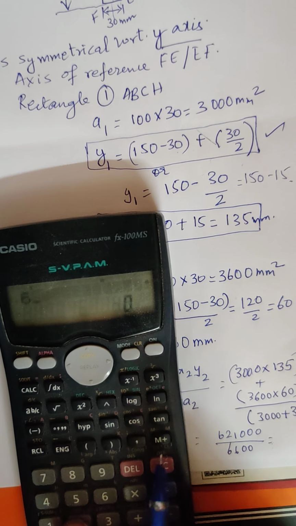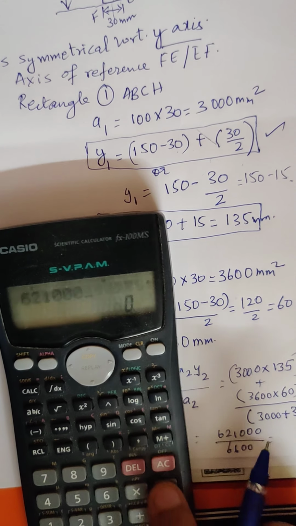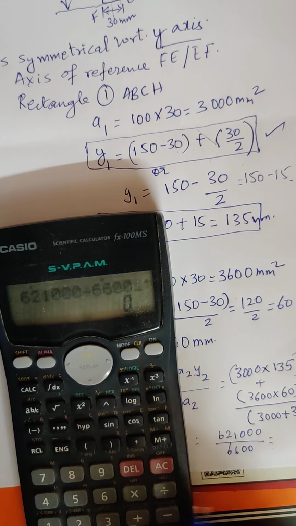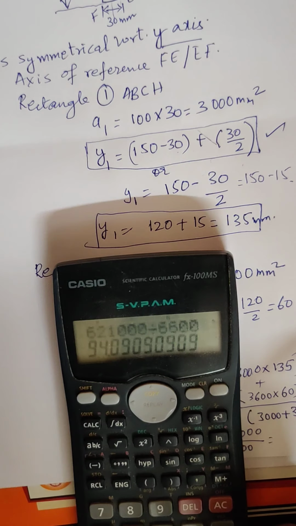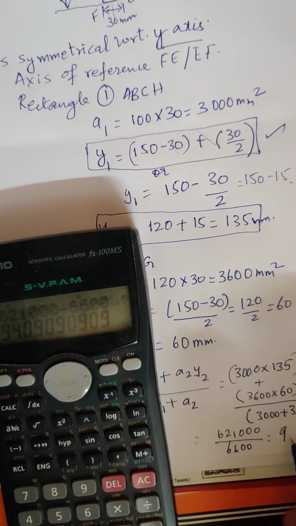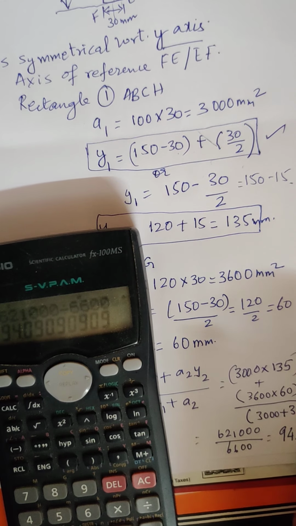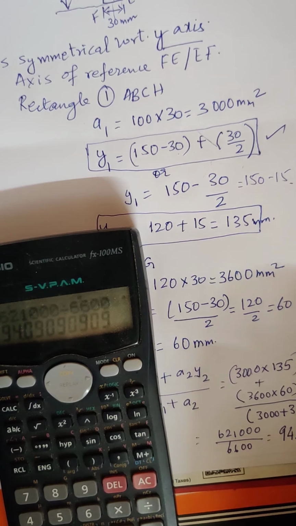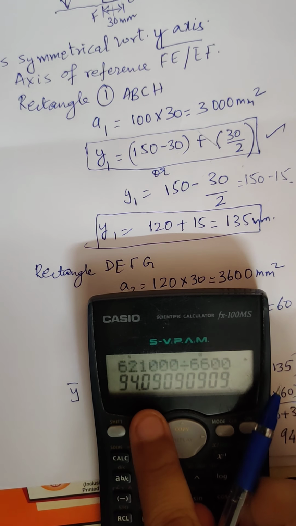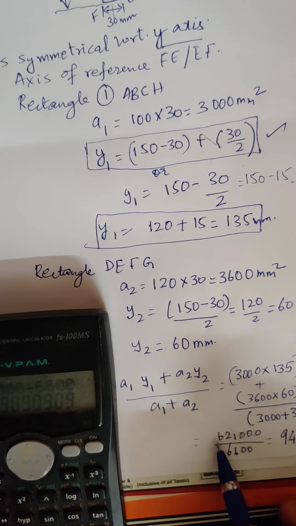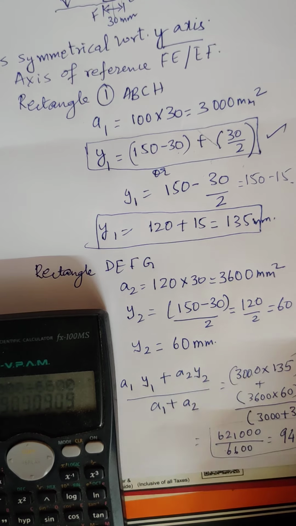So the final answer is 621000 divided by 6600, which is 94.09. We'll round it off to 94 mm.